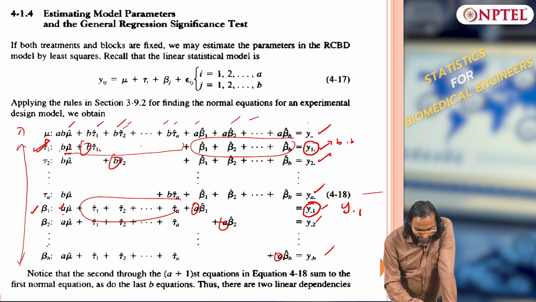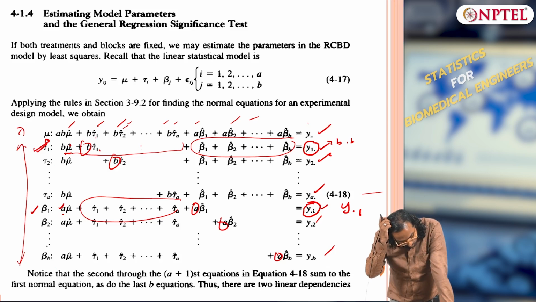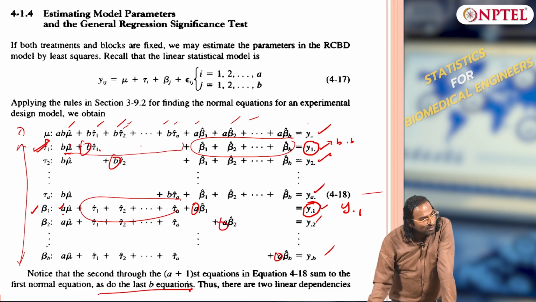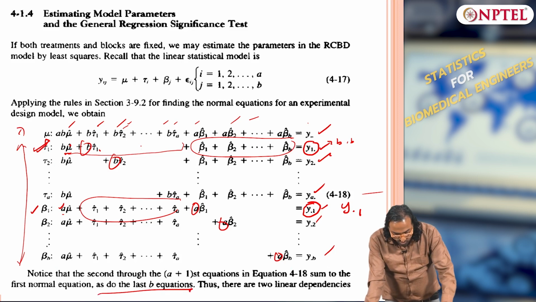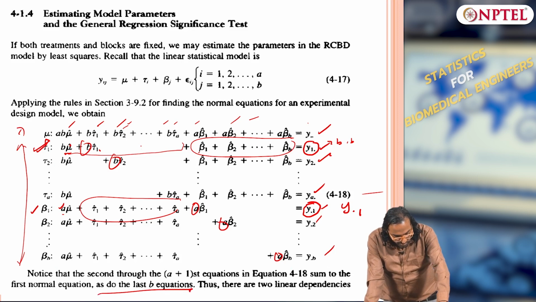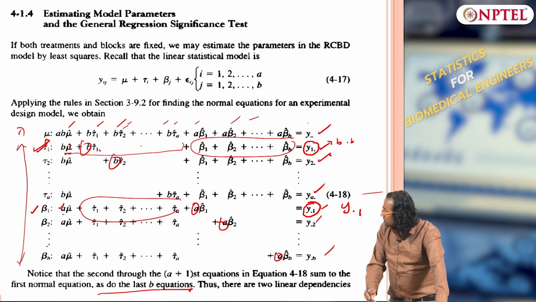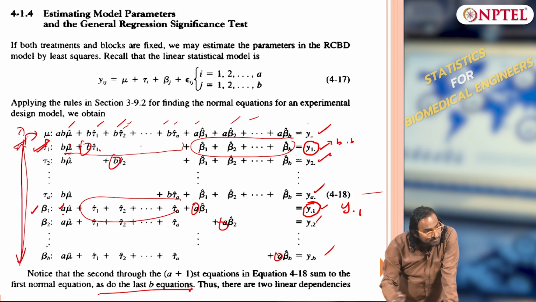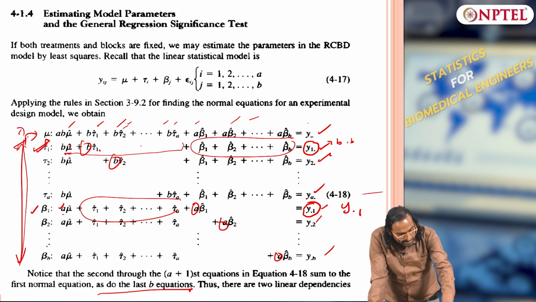So the second through A plus 1 equations sum to the first normal equation. This entire A plus 1 into this, A equations and B equations, if I add, I will get the first equation.